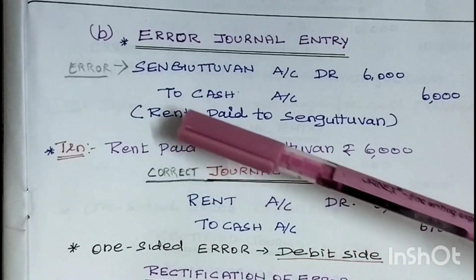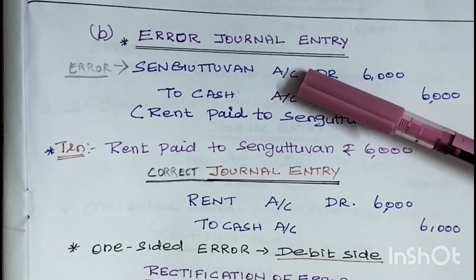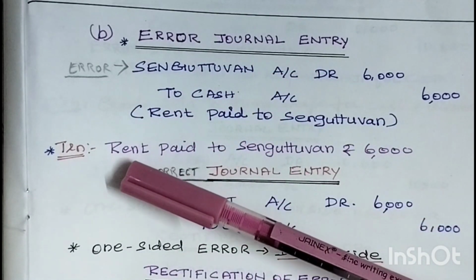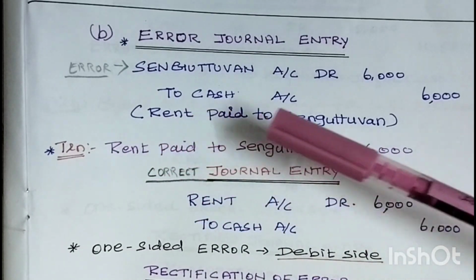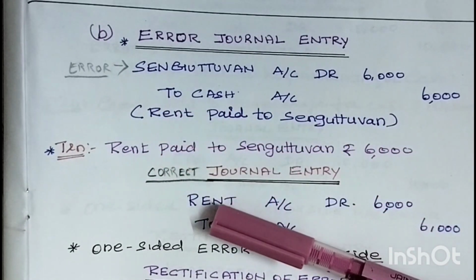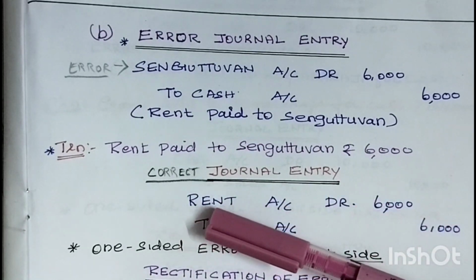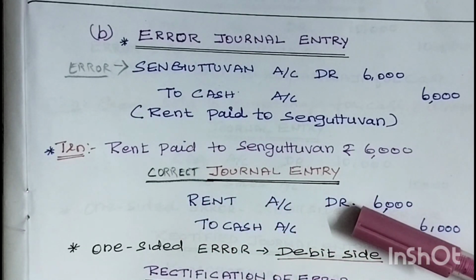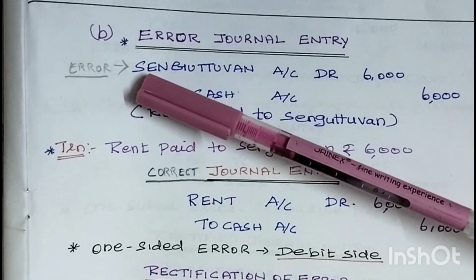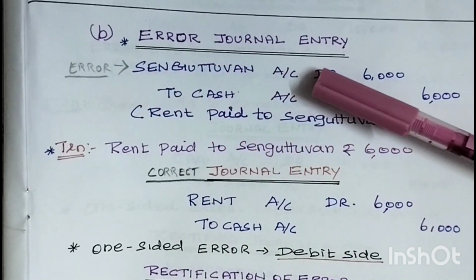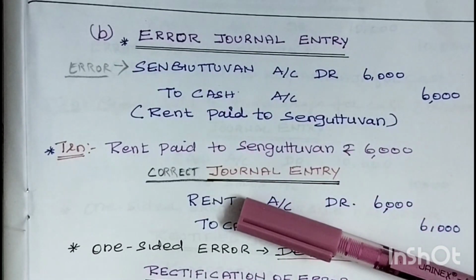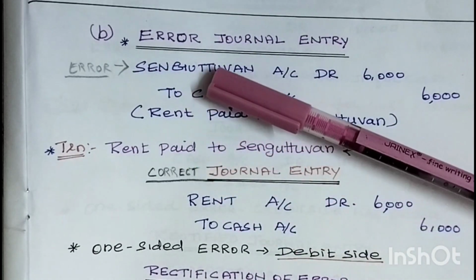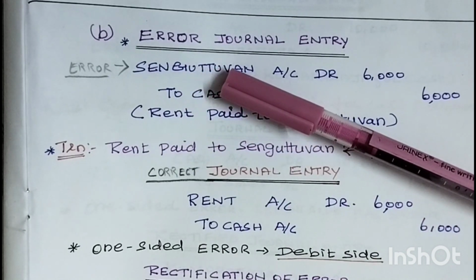Rent account debtor, here Sengutuvan account debtor. What is the narration given here? Rent paid to Sengutuvan. So rent account debtor is the correct entry on the debtor side. Sengutuvan account debtor is the error. Instead of rent account, they entered Sengutuvan account.